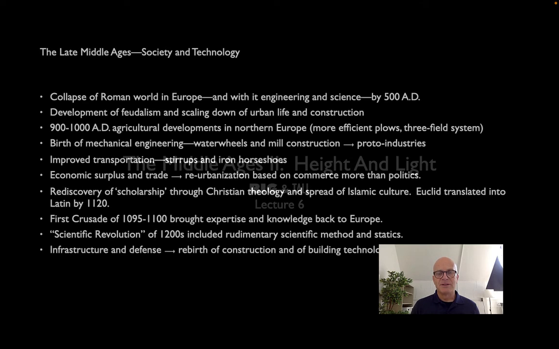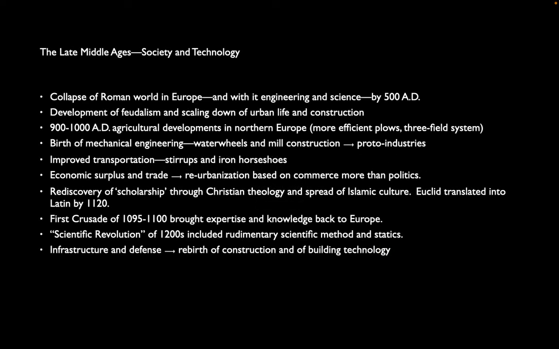We've looked at the transformation of the Roman Empire through its construction, and by 500 AD, the Roman world was essentially split and in shambles. And all of the engineering and scientific and economic advances that had come with the so-called Pax Romana, the couple hundred years of peace under the early empire, had pretty much dissipated.